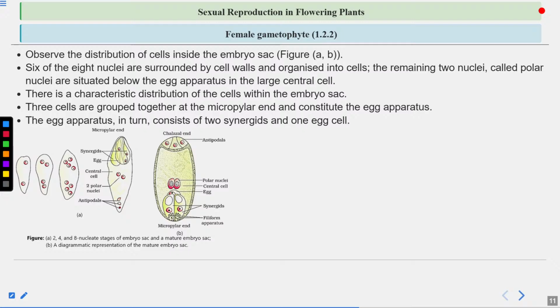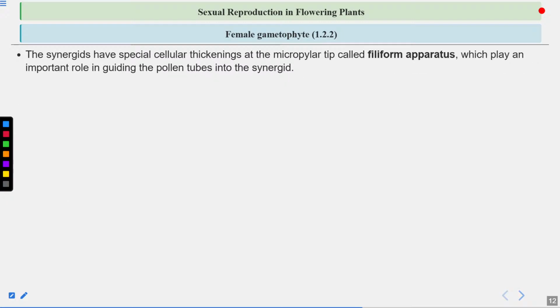The synergids have a special cellular thickening at the micropylar tip that is called the filiform apparatus. It is like a finger-like projection, which plays an important role in guiding the pollen tube into the synergid.